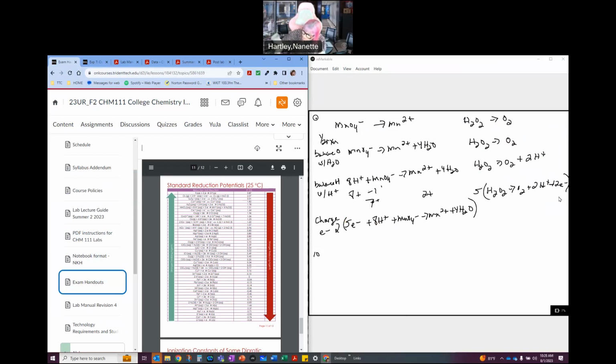That gives me 10 e minus plus 16 H plus 2 MnO4 minus goes to 2 Mn2 plus 8 H2O. Make sure you carry that 2 all the way through. And then we have 5 H2O2 goes to 5 O2 plus 10 H plus 10 e minus.